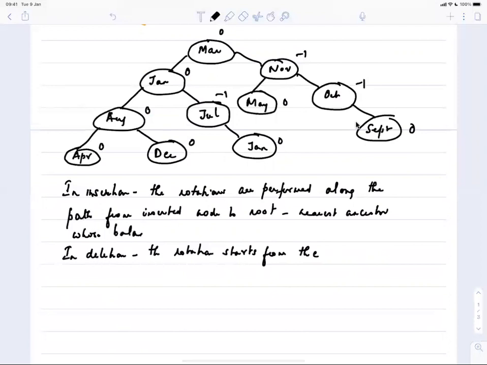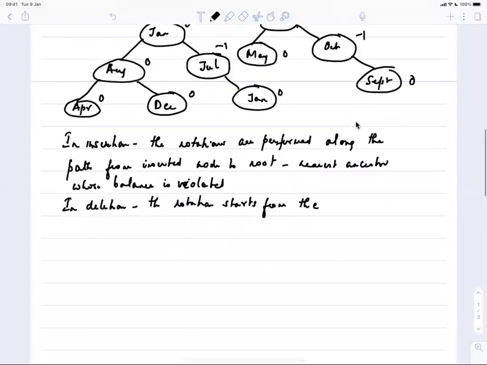Okay. That's where, and here also starts from the nearest ancestor whose balance is violated.